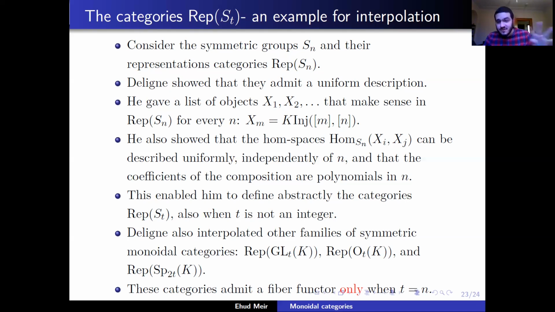Otherwise, they do not satisfy any condition like every object being annihilated by some Schur functor. The notion of elements is very weird in these categories. Only when t is equal to n do we really get something familiar. Otherwise, we get something quite wild, or relatively wild, but still with no tensor functor to Vec.